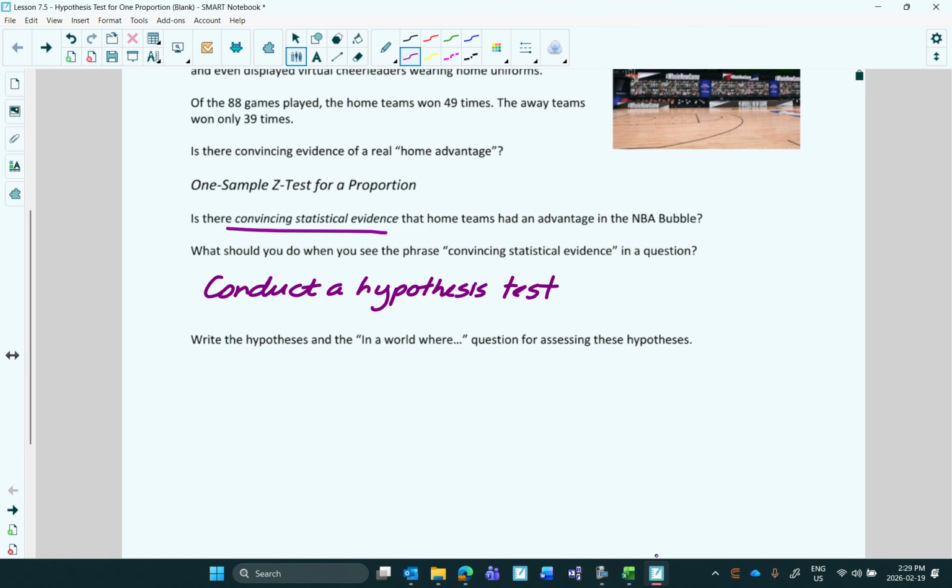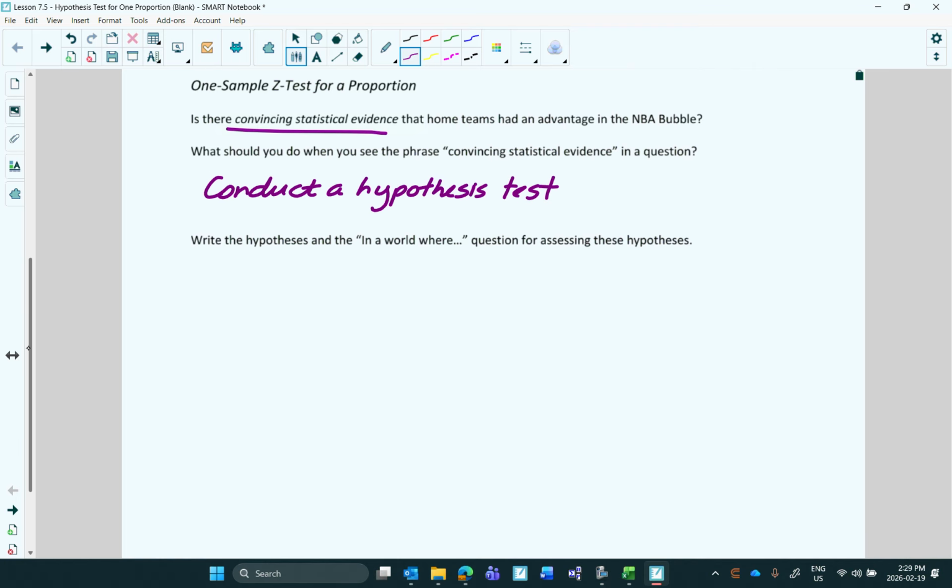And the first part of a hypothesis test is stating your hypotheses. And remember, in the last lesson, we talked about the null hypothesis and the alternative hypothesis. The null was nothing's changed. So in this case, no home court advantage.